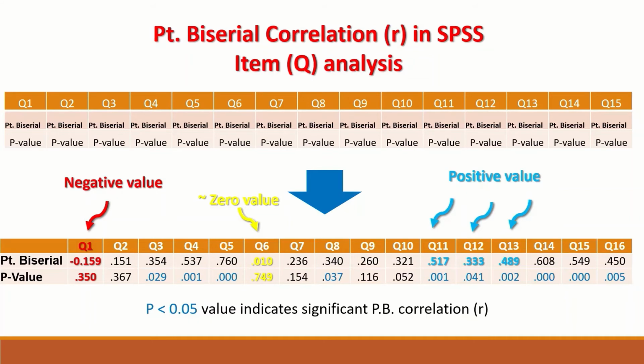Again, from this table on the bottom, we can say that question number 3 is a good question. Question number 4 is a very good question. Number 5 is a very good, if not excellent question. Number 7 is not a good question.